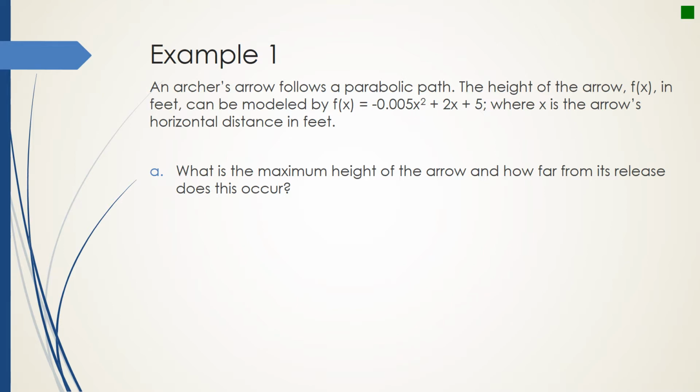So we have a drawing. Let's give a quick little drawing here. So if we were to graph this, this is our height going up and down, and this is the distance, and it's going to be something like that. So this is our distance.